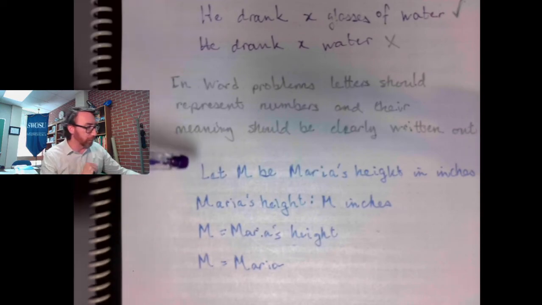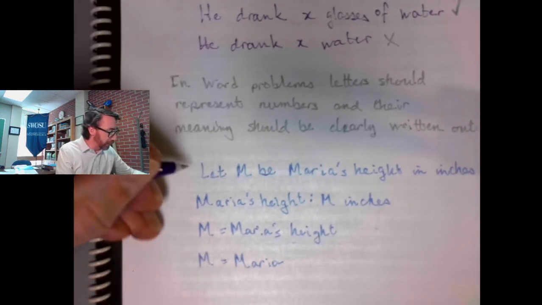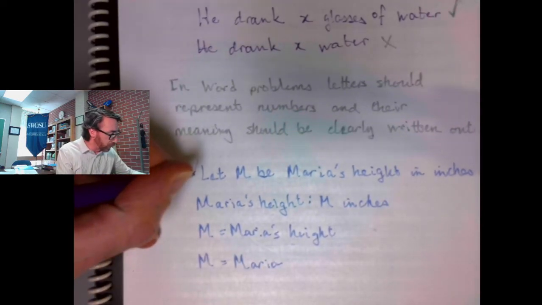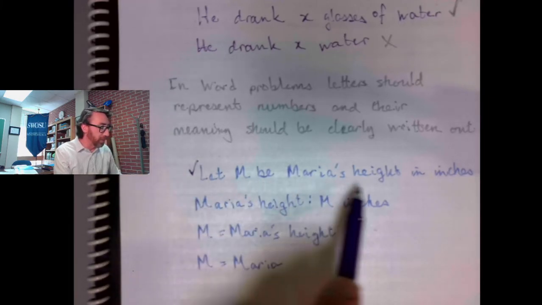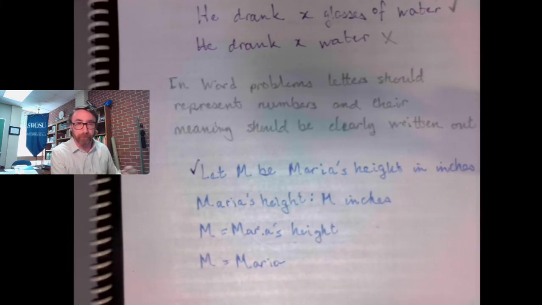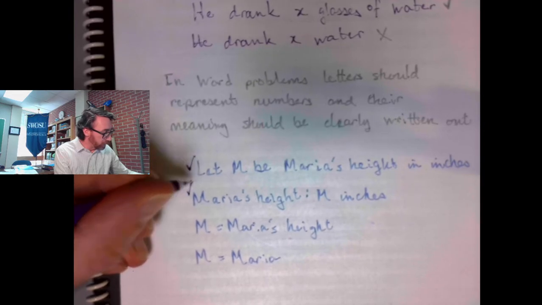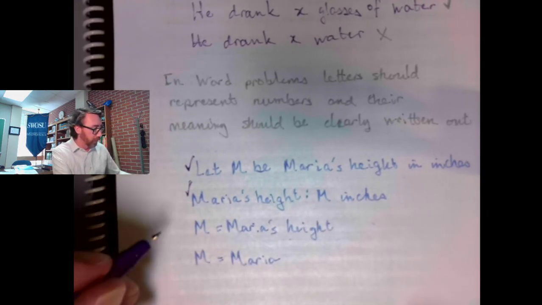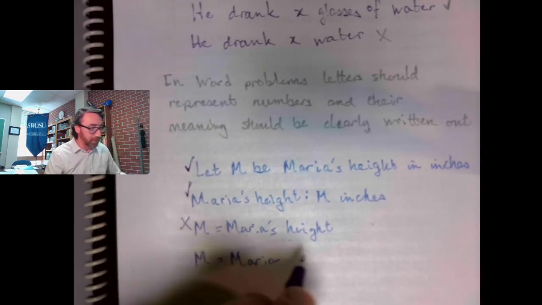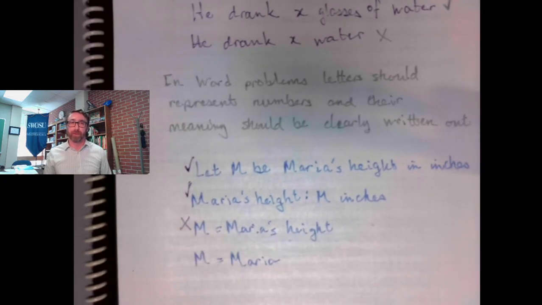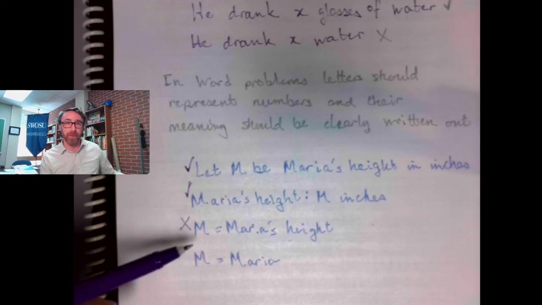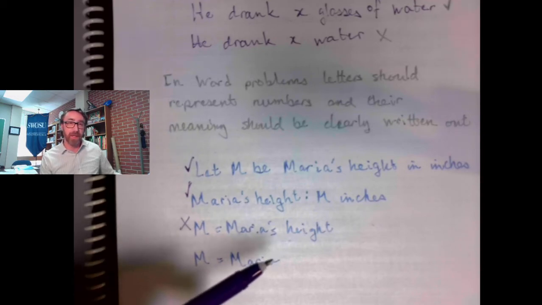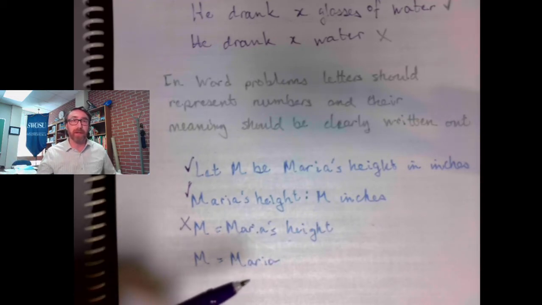So these up here, these would be acceptable ways to talk about something. Let M be Maria's height in inches. All right, this is also good. Maria's height is M inches. This is not good. Let M equal Maria's height. Okay, M is supposed to be a number. Maria's height will have different numbers depending on how you measure it.